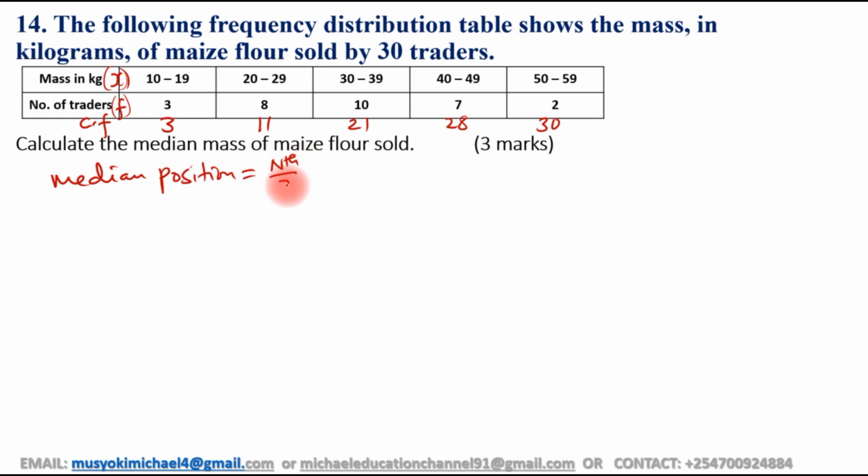Now the median position is n/2, which is 30/2, to get the 15th position.